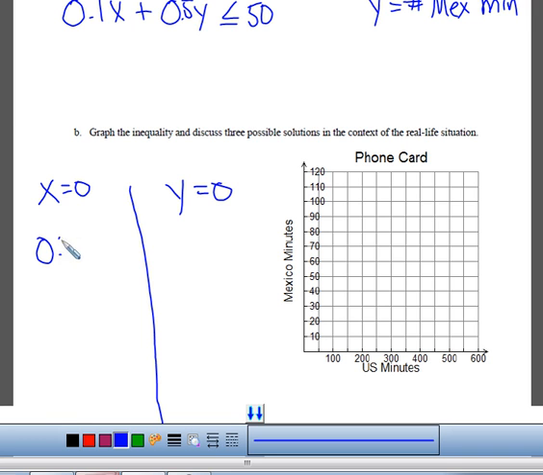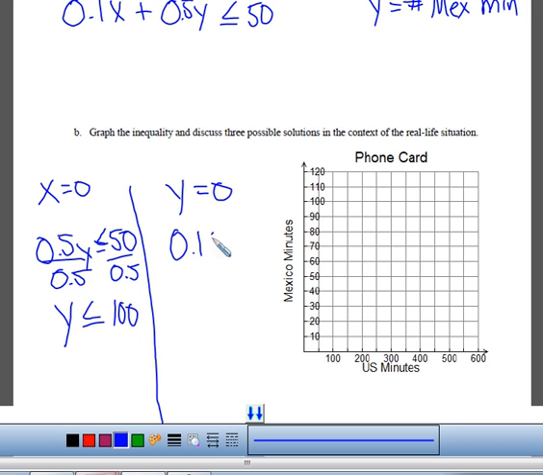So I have 0.5y is less than or equal to 50. Divide both sides by 0.5, and you get y is less than or equal to 100. Over here, when y is 0, you have 0.1x is less than or equal to 50. Divide by 0.1, and you get x is less than or equal to 500.